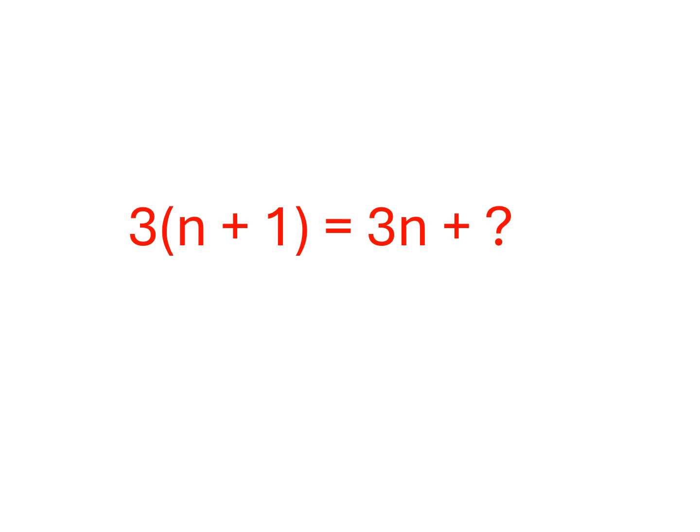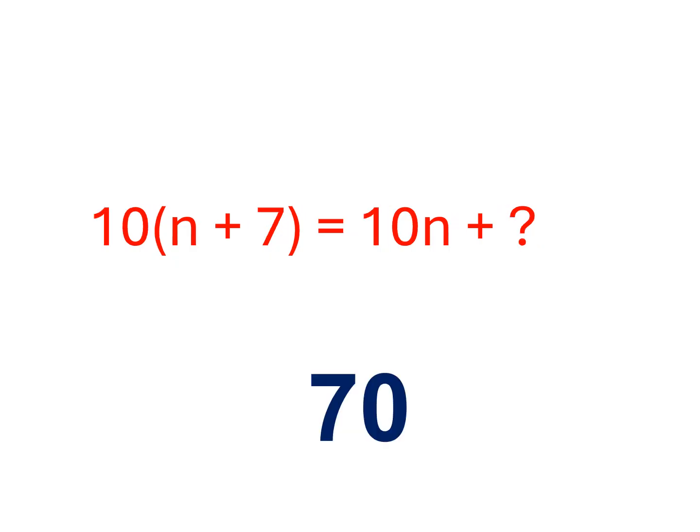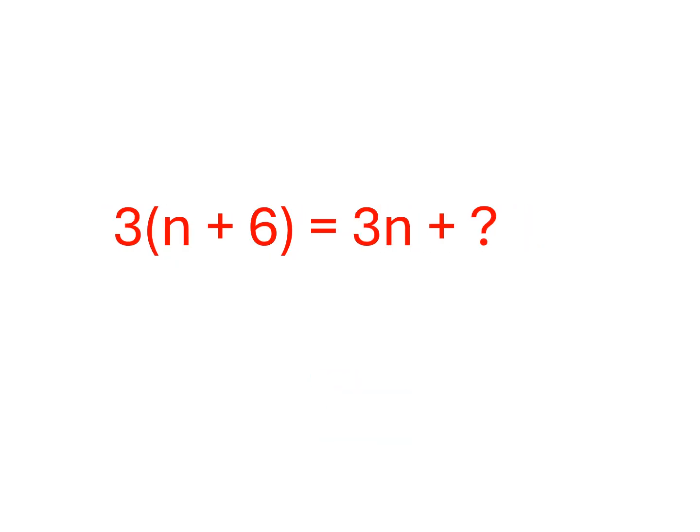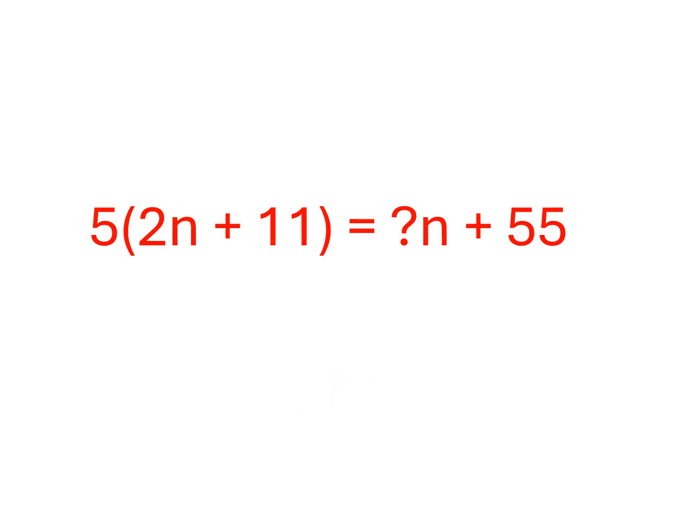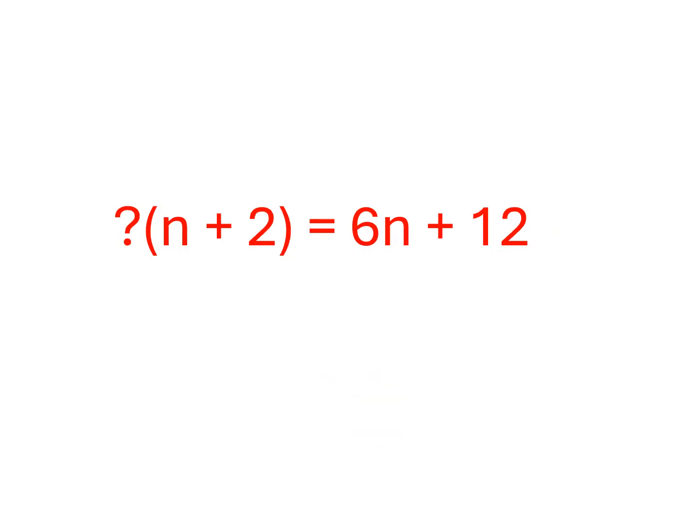And same thing. 3n plus 3. Let's get it. 5. Yep. 70. Yep. 18. Nice. Negative and positive. Nice. Okay.